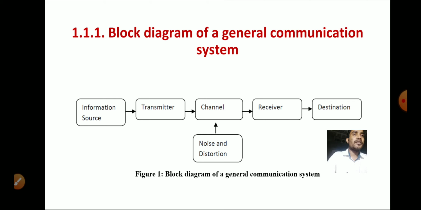In a wired channel, there are generally point-to-point connections or point-to-broadcast connections, and point-to-point connections consist of wire links, microwave, and optical fiber links. And in wireless channels, there is no wire, or there is no physical connection between the sender and receiver, just like mobile phone or cellular phone systems.